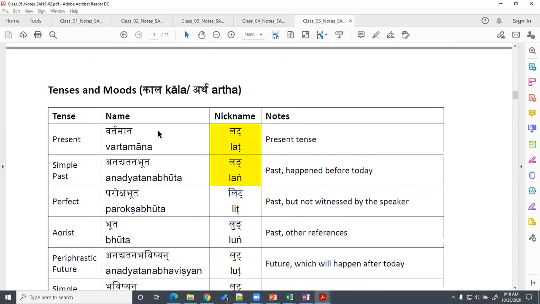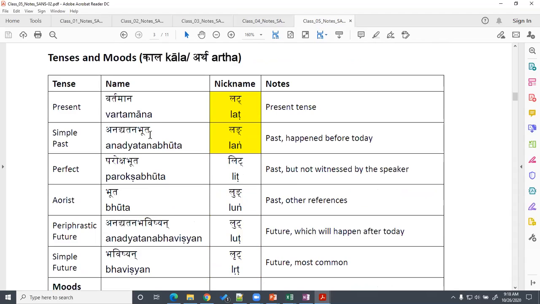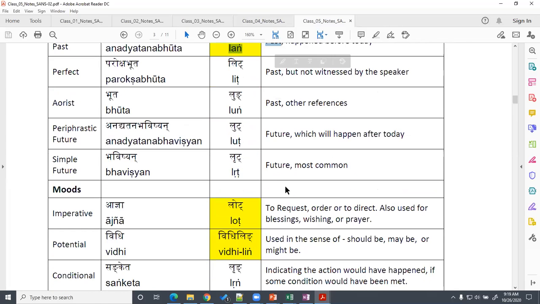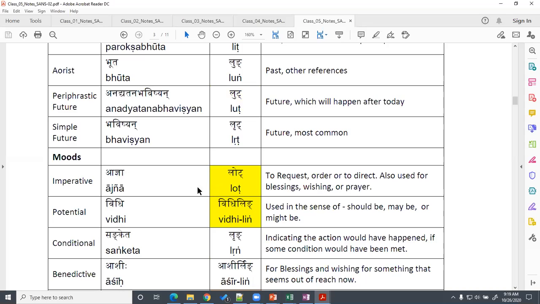So here are how many tenses and moods there are in Sanskrit. Present is there, past. There are three types of past. We covered one of them. And then these are the moods.